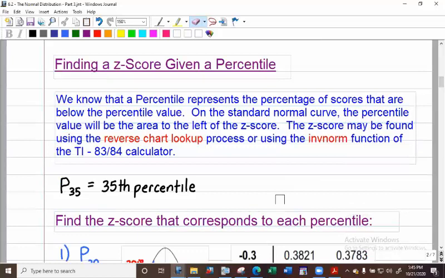All right, find a z-score given a percentile. Now, percentile means the percentage of values below that number, no matter what you're referring to, like a child's height. We talked about that example back in the percentile days.